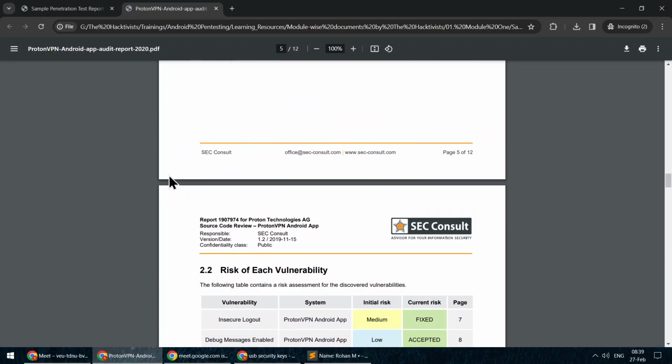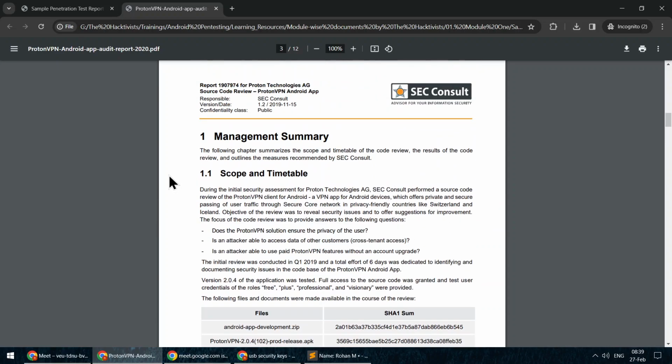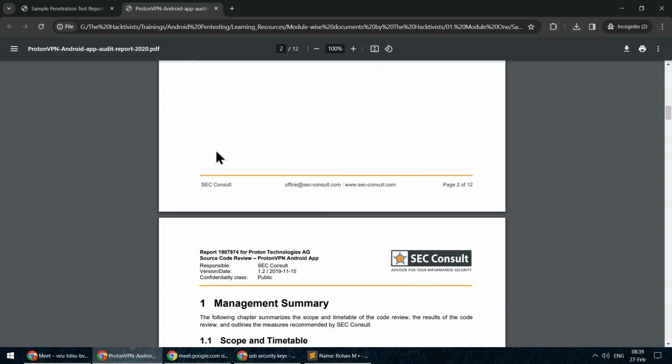So till here we have the executive summary. You can see this is the index, management summary, executive summary. Management level people, they will be having a look at this summary.